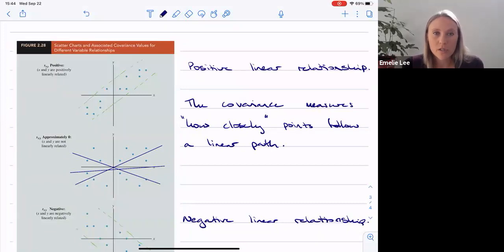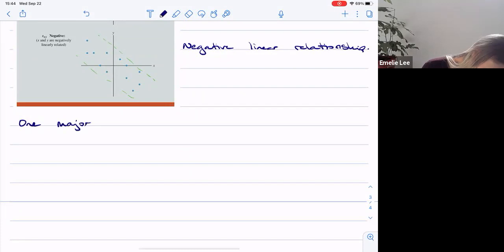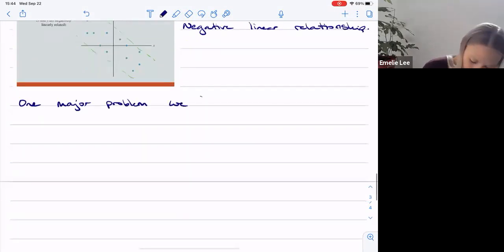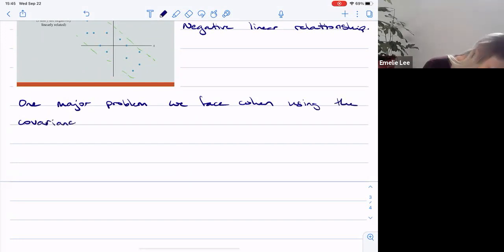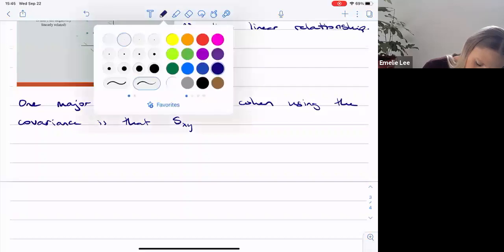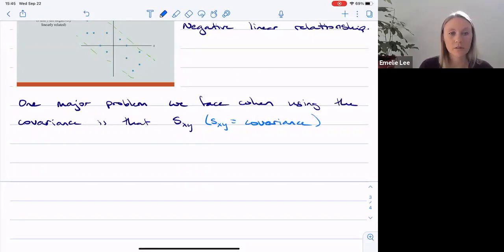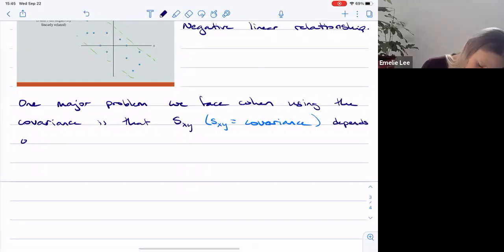One major problem we face when using the covariance is that the covariance S_XY depends on the units of x and y.